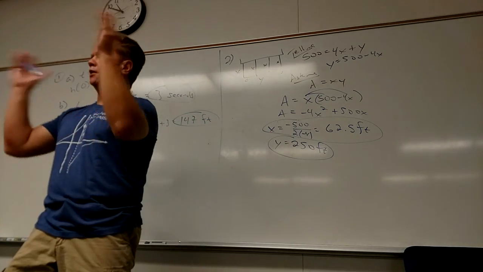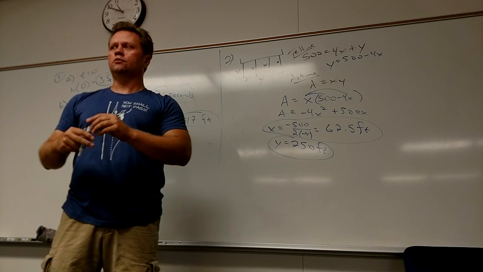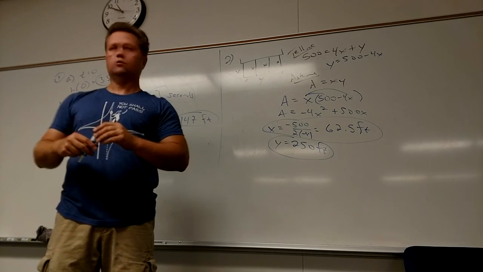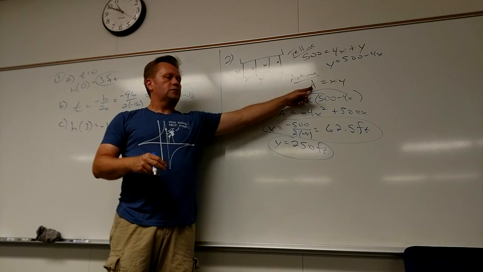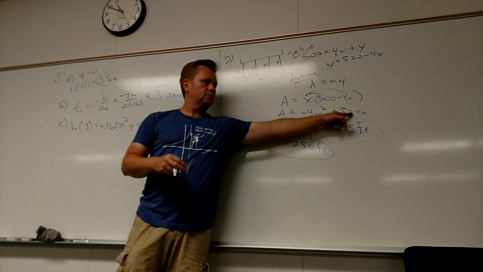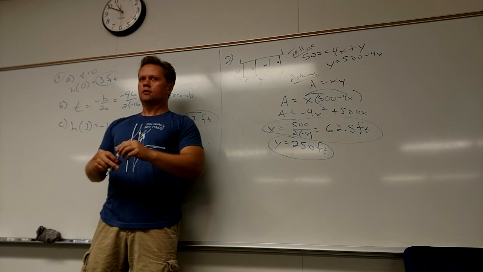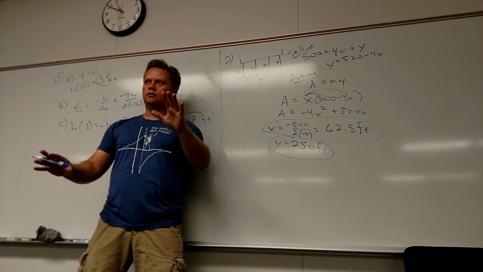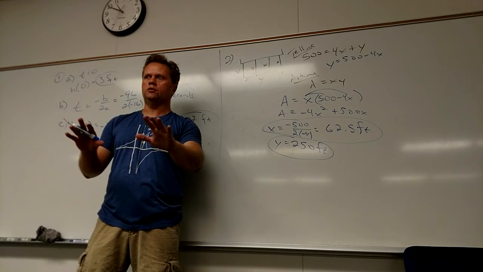It doesn't ask me for the area, so I'm done. If it asked me for the area, what would I do? I could just multiply these together, because that's what the area is. Or I could put x into this, but I'd rather do this, since I have the numbers anyway. All right, how are we feeling about that one? Better? Okay, good. That's what I'm always wanting.